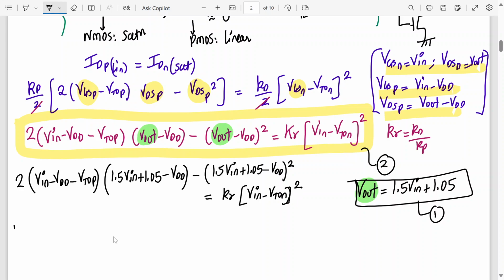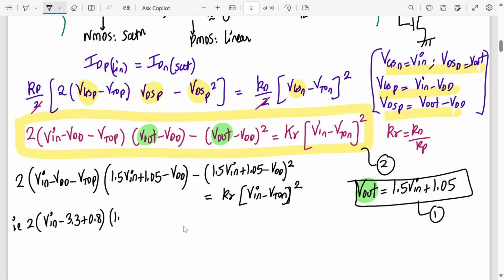Now we substitute all the values, that is twice Vin minus VDD, and VTOP is minus 0.8, so minus minus becomes plus 0.8.